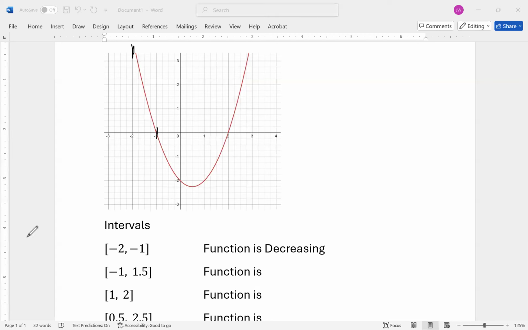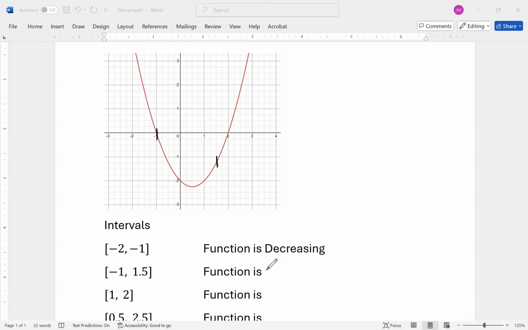Now from -1 to a positive 1.5, so 1.5 would be about here. Obviously, my function goes down for a while, hits that bottom point, and then turns back up.